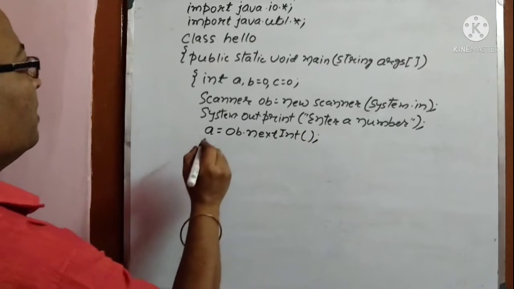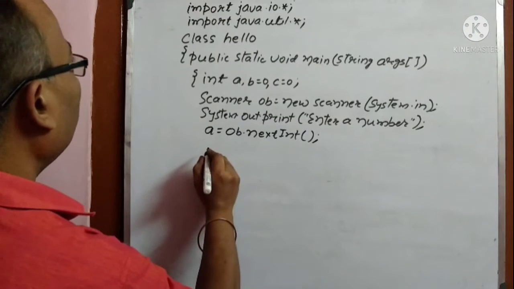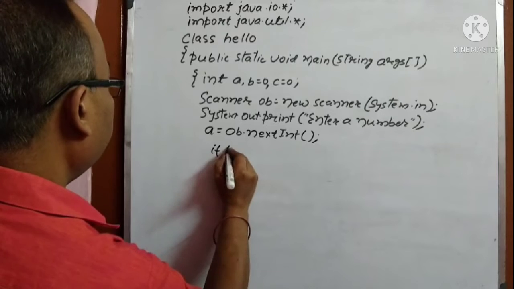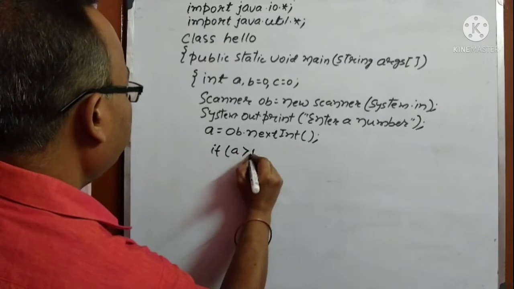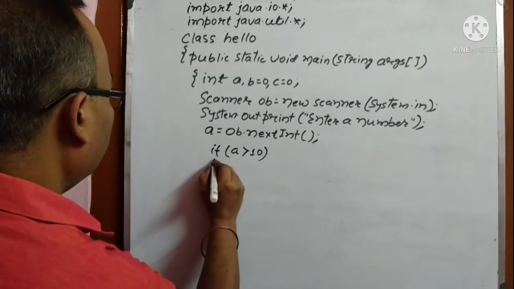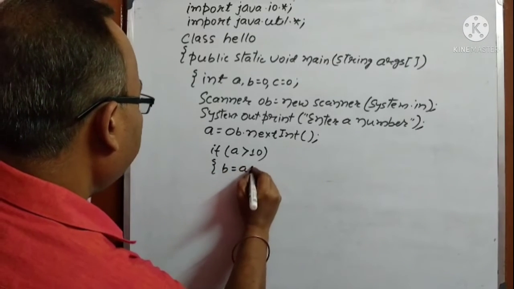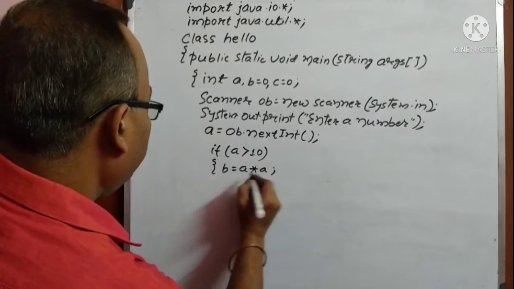Okay, now I will check if a is greater than 10, then what I am doing, b equals a into a.